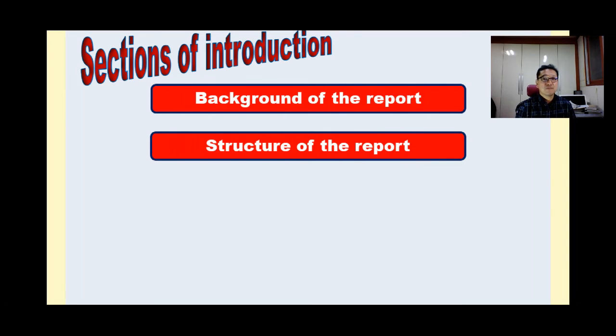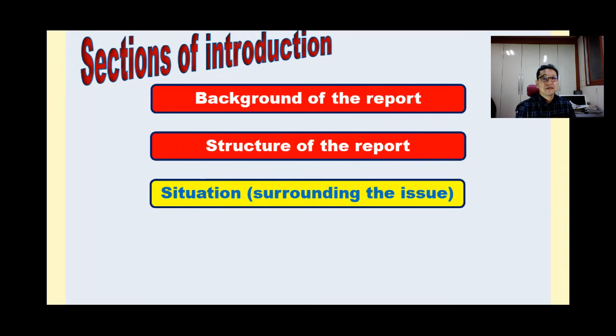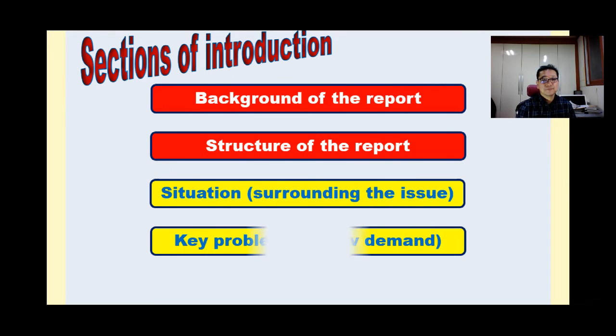Now, let's see how an introduction section is organized. What are the elements? What are the sections that can organize the introduction section? They are background of the report, structure of the report, situation that surrounds the issue of the investigation, and finally the key problem or the new demand that should be served or solved.